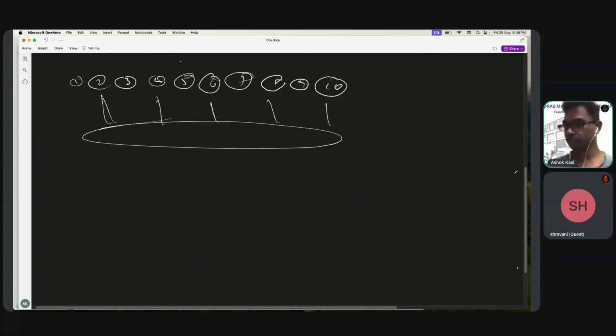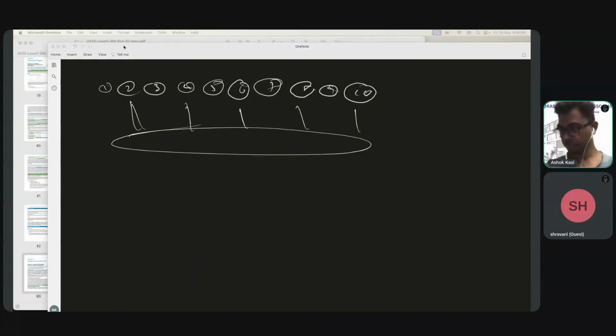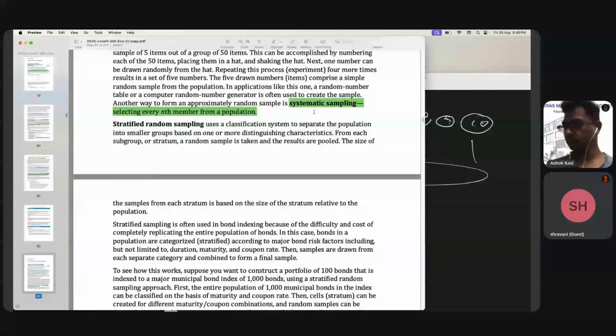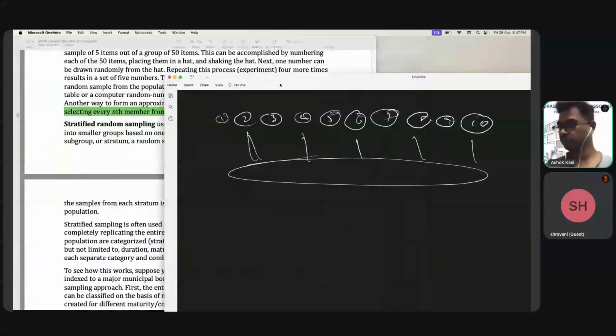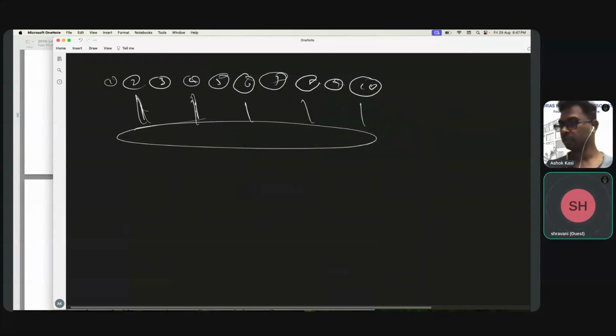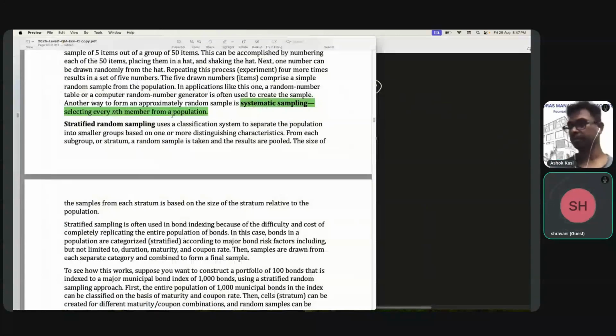This is systematic sampling. System means there is a pattern in the selection. The pattern is that every alternate person is getting selected. When you find a pattern, this is called systematic sampling, selecting every nth member from your population.